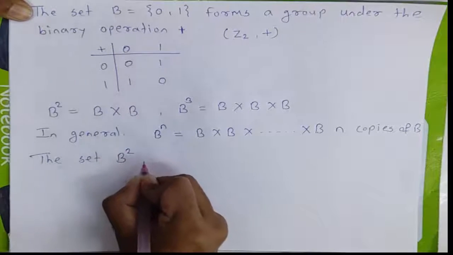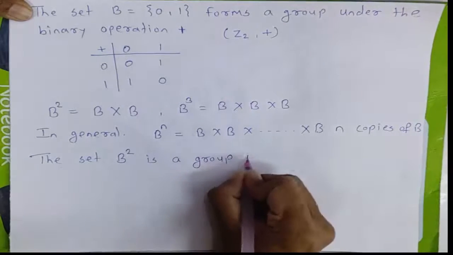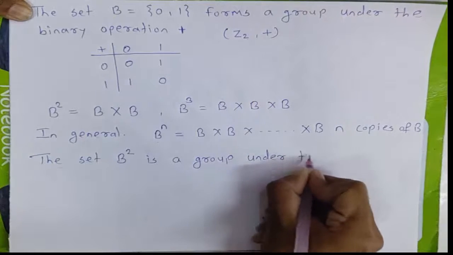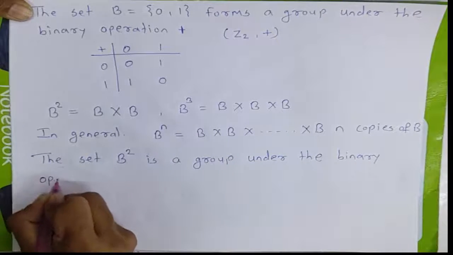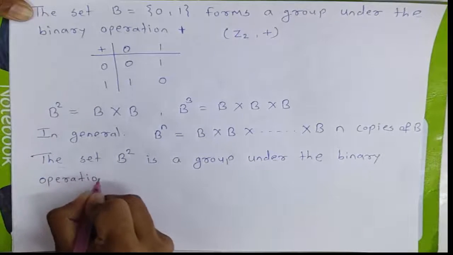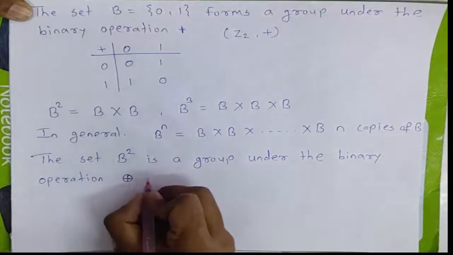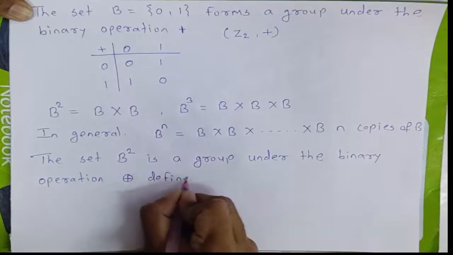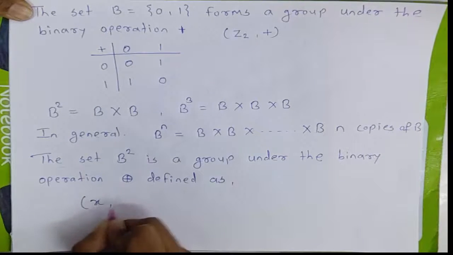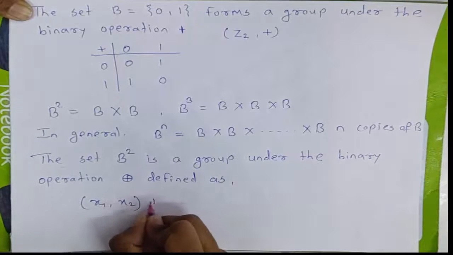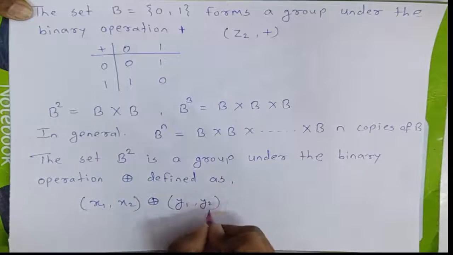Now the set B square is a group under the binary operation ring sum. Binary operation ring sum is defined as (x1, x2) ring sum (y1, y2).